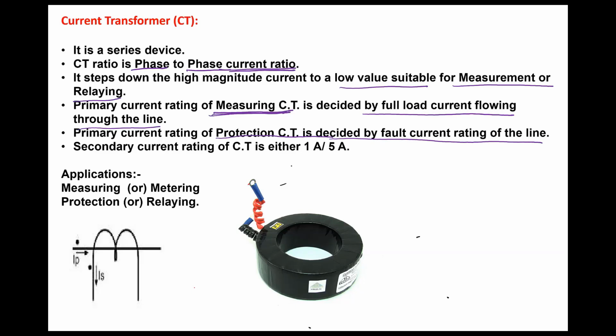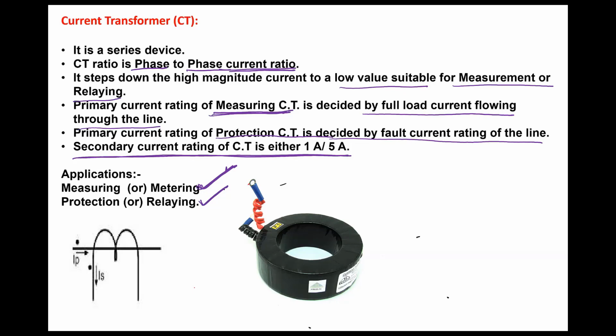The secondary current in most cases is either 1 ampere or 5 ampere. If you want some other secondary current, then you have to specifically order those CTs. Understand? So what are the applications of CT? It is used for measuring, or the other word is metering, and the second one is protection or relay.